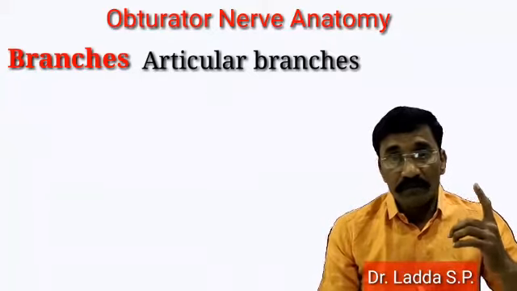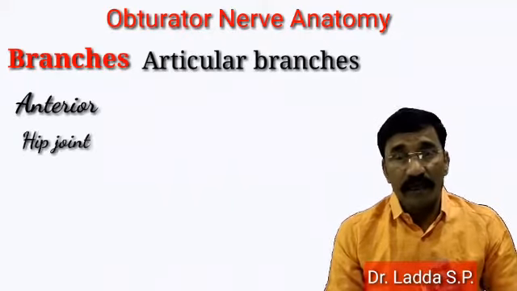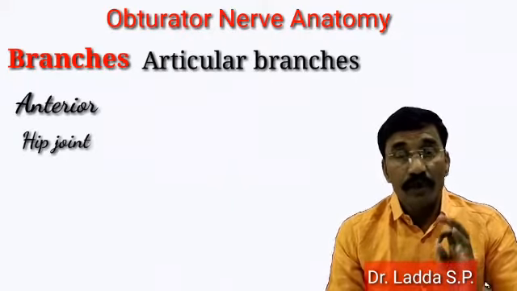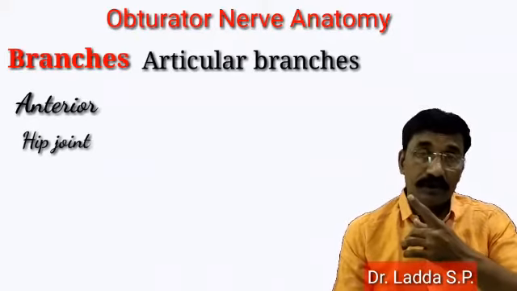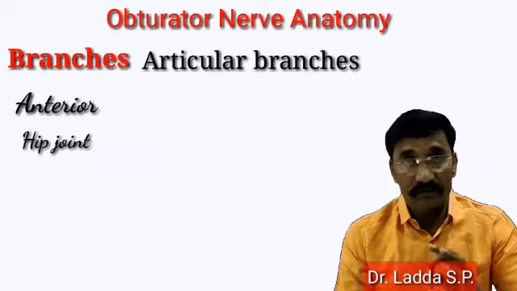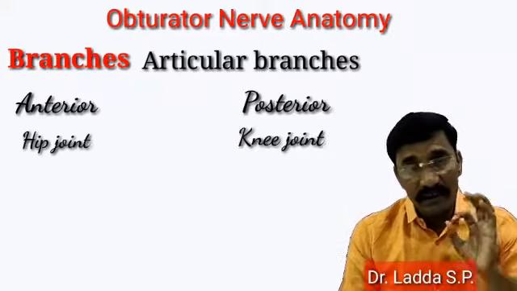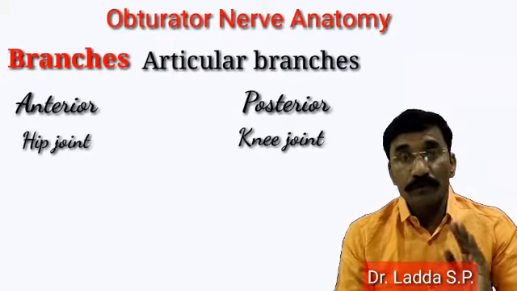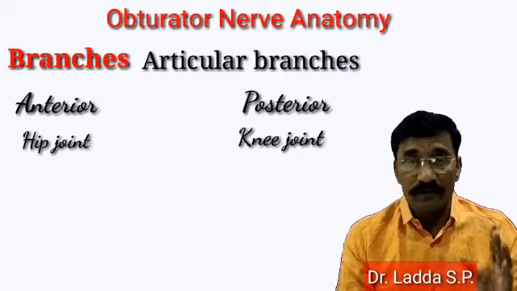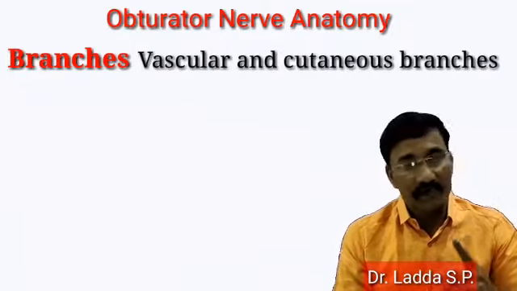The hip joint is supplied by articular branch of anterior division, whereas the knee joint is innervated by articular branch of the posterior division of obturator nerve.